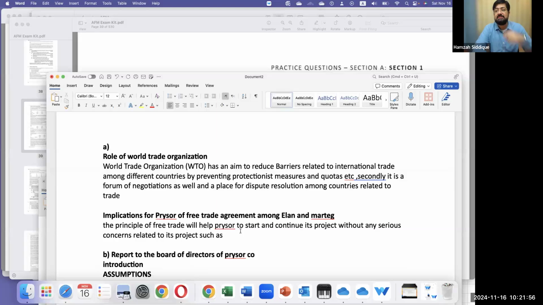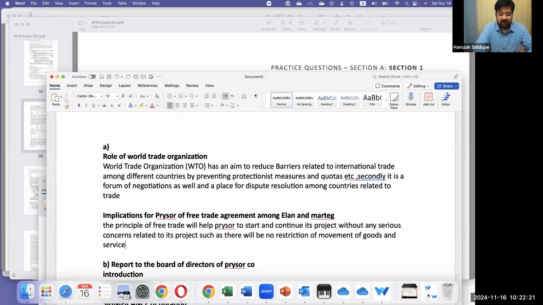Now, such as there will be no restriction of movement of goods and services among these countries.